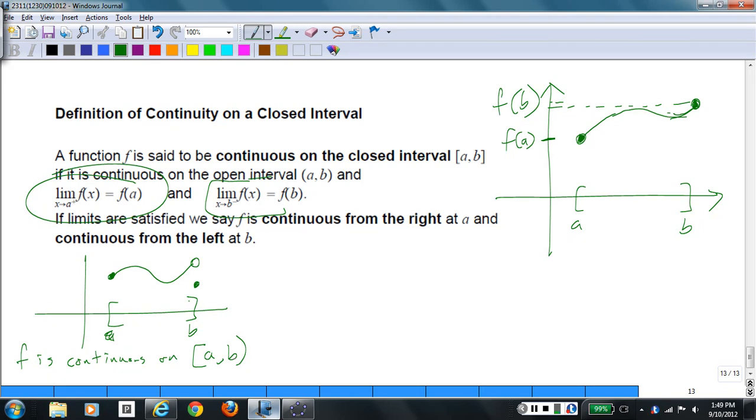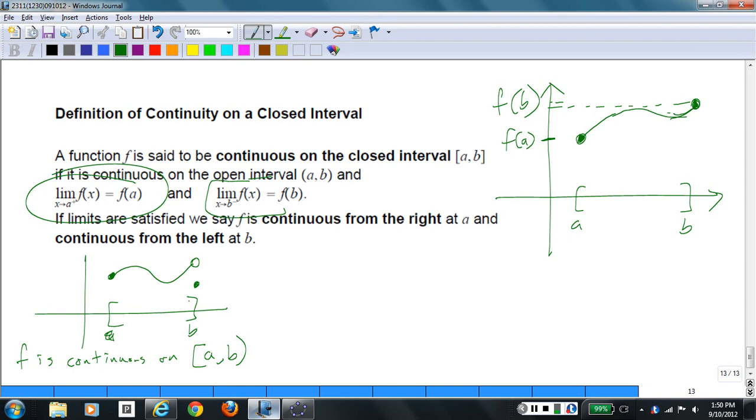We can include the A because it's approaching the solid dot at A, but at B, it's approaching the wrong dot. It's approaching the open circle instead of the solid dot, so we cannot include the B in the interval where it's continuous. So we could do it, and we could put the open circle at A if we wanted to, and the solid dot at B, and include the B and not the A.